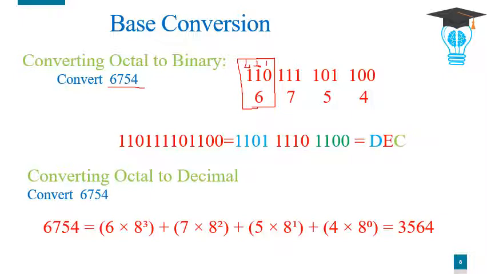If you find out the equivalent decimal number for this binary number, it is 6. So I am writing equivalent for 7, it is 111 in binary. Equivalent for 5 is 101 in binary. Equivalent for 4 is 100 in binary. So together I will get a binary equivalent for 6754, which is given here.